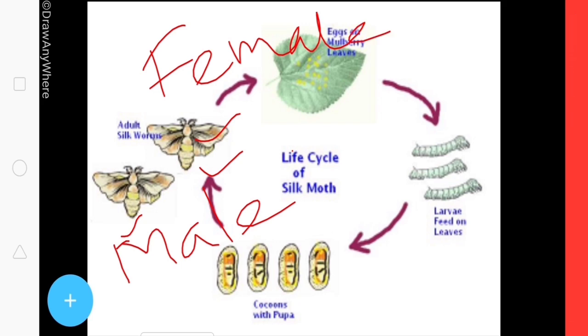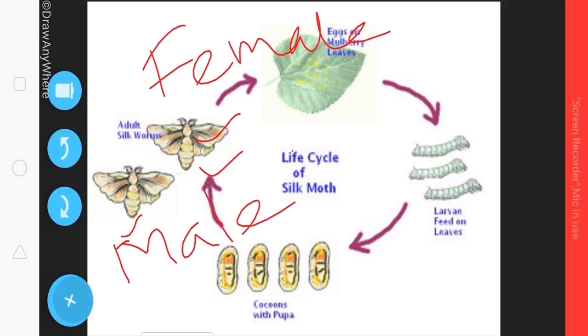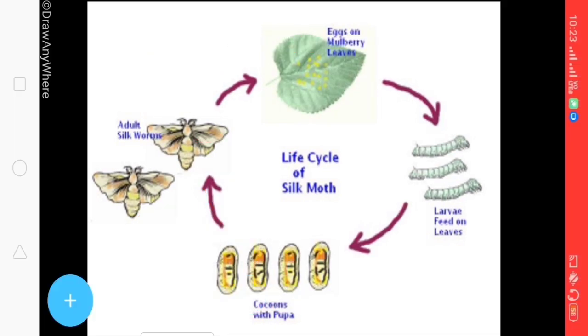What does male mean? In the case of human beings, if you are a boy, your gender is male, and if you are a girl, your gender is female. So males are small and females are big. What will happen between these male and female silk moths?